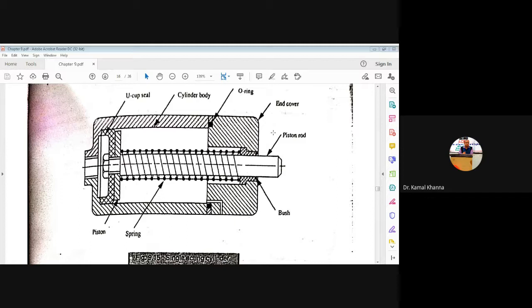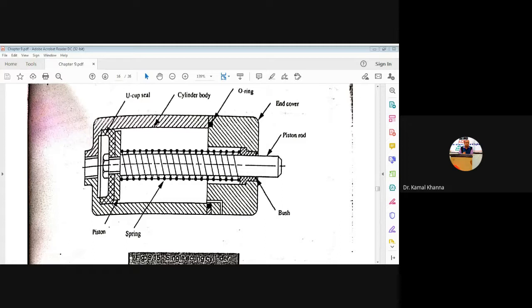This is the end cover, and this is the piston rod, which reciprocates in the cylinder. This is the outer spring, which is coiled on the piston rod, and these are the bushes which provide cushioning to the piston rod. With this cushioning we reduce the frictional forces between the piston rod and the end cover.